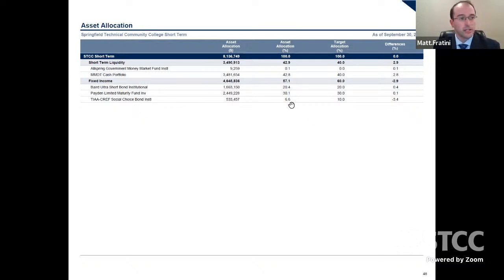You can see there's a slight underweight here, about 3 percentage points. And you can see this has really been represented in the MMDT cash portfolio, which has about a 3% overweight. So if we were to make any moves coming into the new year, it would be to really bring this back down into its target asset allocation, owning slightly more duration in the portfolio.